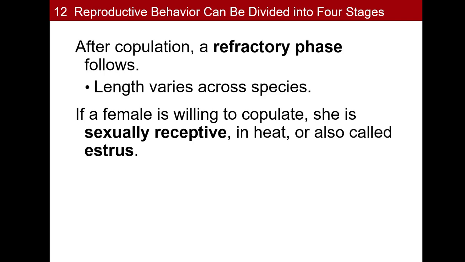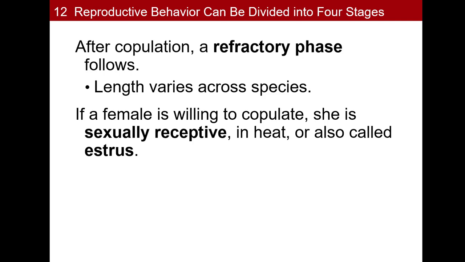Okay, so after copulation, a refractory phase follows. Perhaps when we were talking about action potentials, you guys were thinking about this, but you were nice enough not to mention it at that point. When I talked about a refractory phase, you have your action potential that occurs, and then you have this absolute refractory phase and relative refractory phase where your neuron is not able to fire again, or it's less likely to fire again.